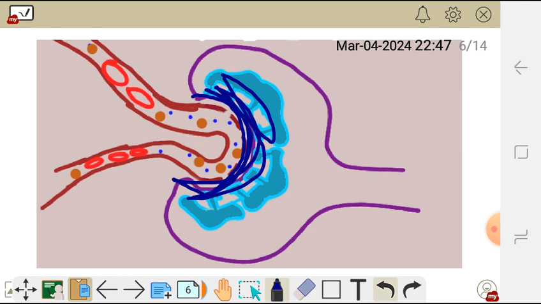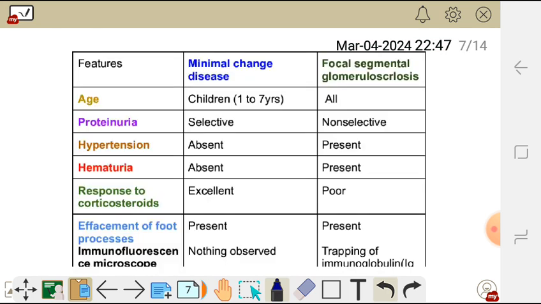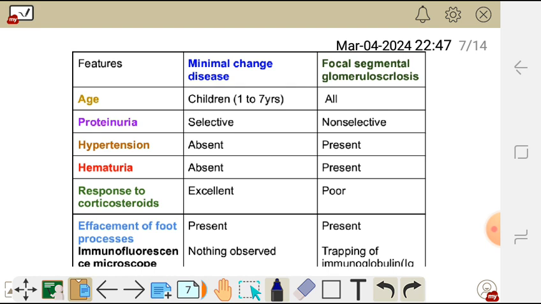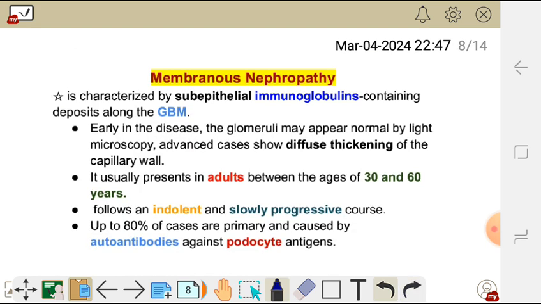Okay, so the differences between the two, minimal change disease and focal segmental glomerulosclerosis, are in this table, so you can pause and review. For now, in this video, we are going to look at membranous nephropathy.